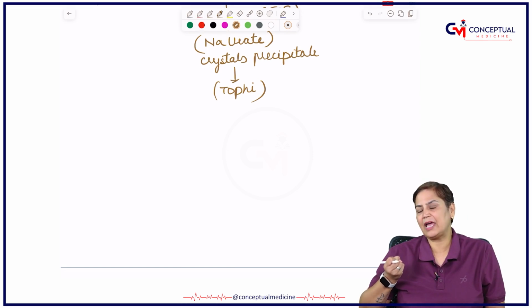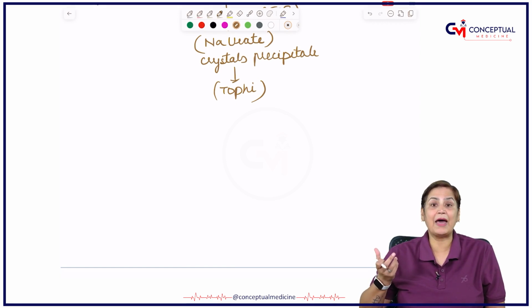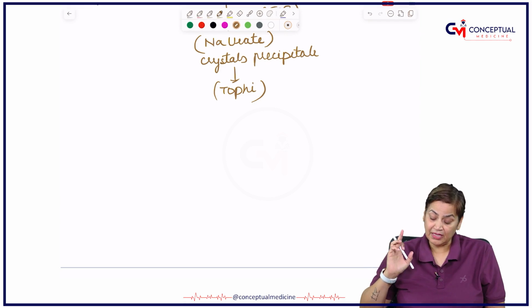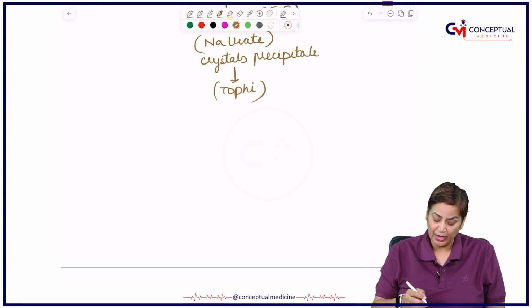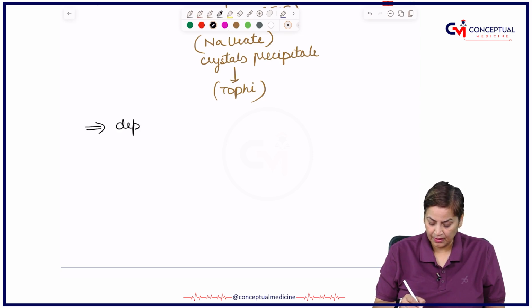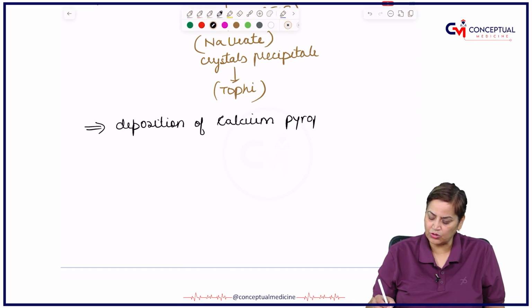Now sometimes what happens is there is accumulation of some other crystals also, which are calcium pyrophosphate crystals. But in that individual, the concentration of uric acid will be normal. Okay, so I can say that sometimes deposition of calcium pyrophosphate crystals can give a wrong picture also.